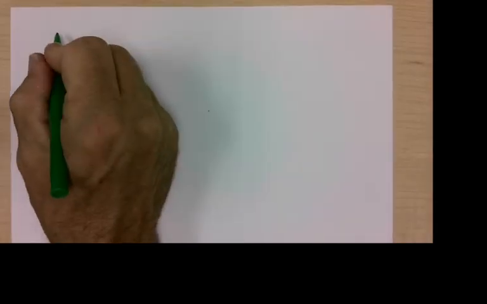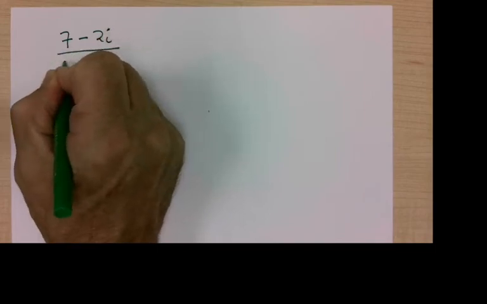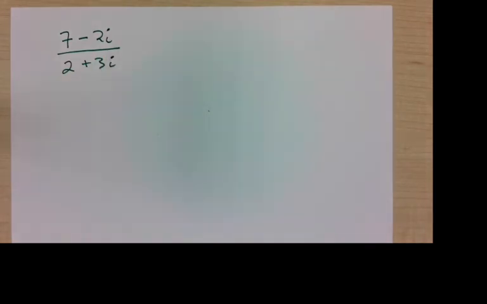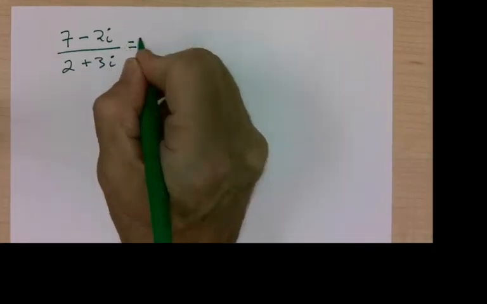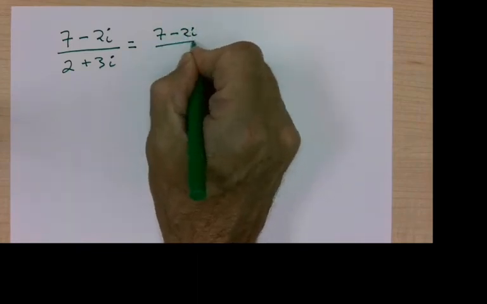So if I have 7 minus 2i divided by 2 plus 3i, how is this going to work? Well, we're going to go ahead and multiply top and bottom by the conjugate. So the top is 7 minus 2i, the bottom is 2 plus 3i.